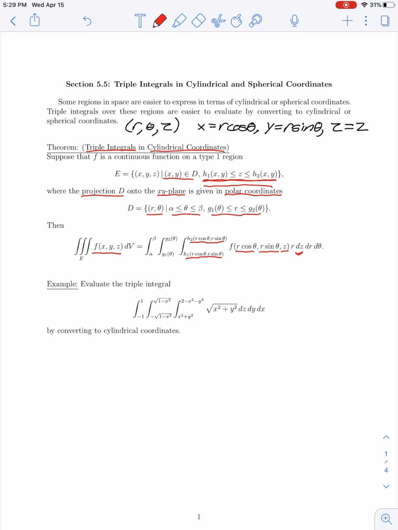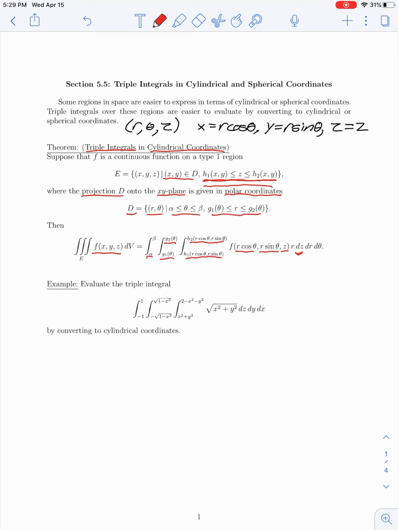And then once we evaluate that innermost integral, we're then evaluating the double integral of that function over our projection D. So here, the outer two integrals, expressing that double integral as an iterated integral, we would next integrate with respect to r, and the bounds on r were from g1 to g2 of theta.